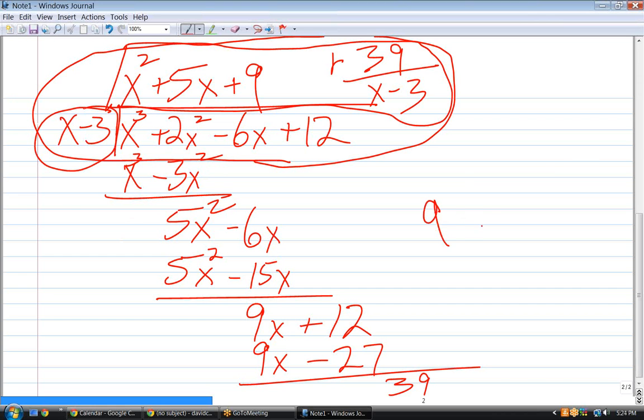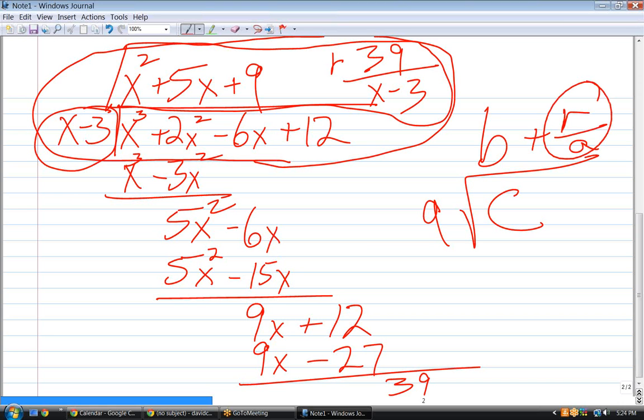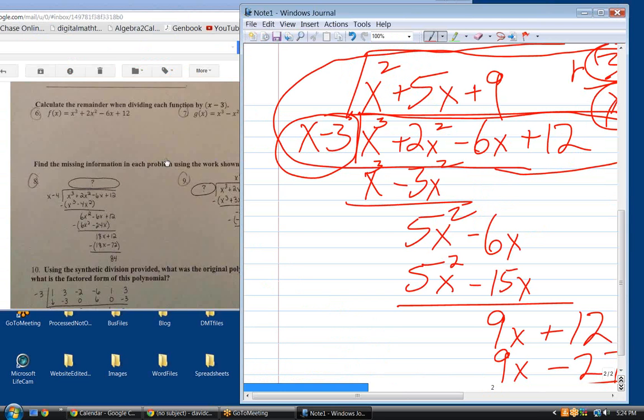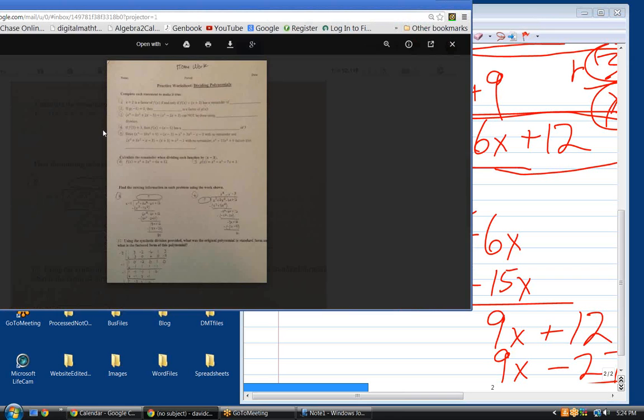In other words, if A divides into C and gives you B, then A times B equals C. If it gives you B plus a remainder, then A times B plus that remainder equals C. But that remainder is actually R over A. So the full remainder is always that number divided by the divisor. So she probably wants 39 divided by x minus 3 for 6.